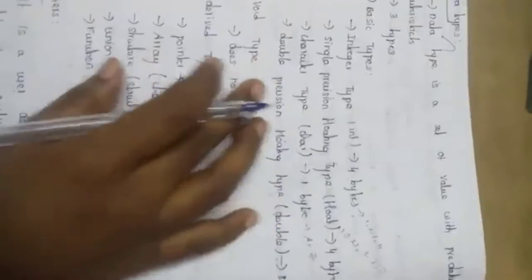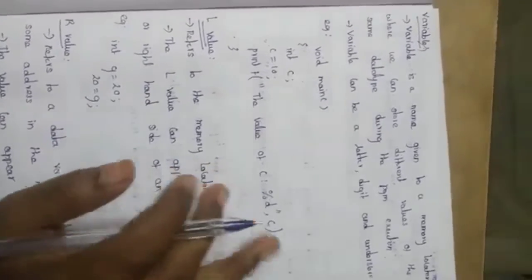In the data types, we can give different names and store them in a memory location. This is called a variable. For example, I can assign int a, b, c, like this. We can give any letters like this. This is called a variable.